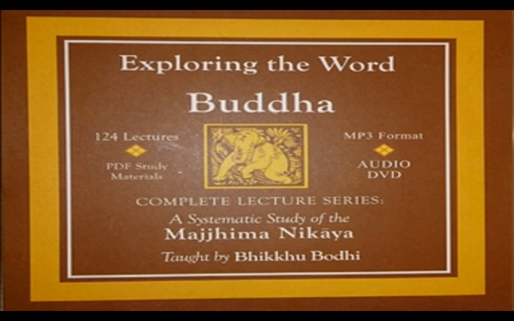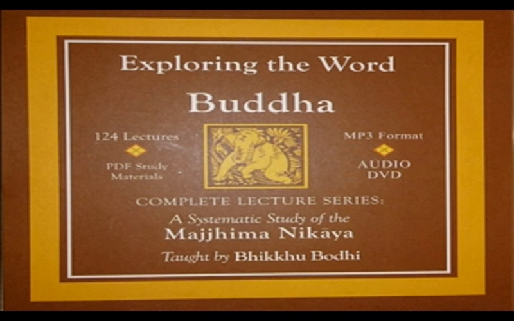He mentioned seven ways in which taints can be abandoned. The first of these are the taints to be abandoned by seeing, that is, by the seeing of the truth. So far we've covered the discussion of these taints.